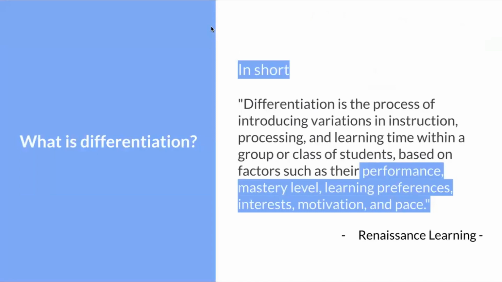So let's take a look at what is differentiation. Renaissance Learning defines differentiation as the process of introducing variations in instruction, processing, and learning time within a group or class of students based on factors such as their performance, mastery level, learning preferences, interests, motivation, and pace.